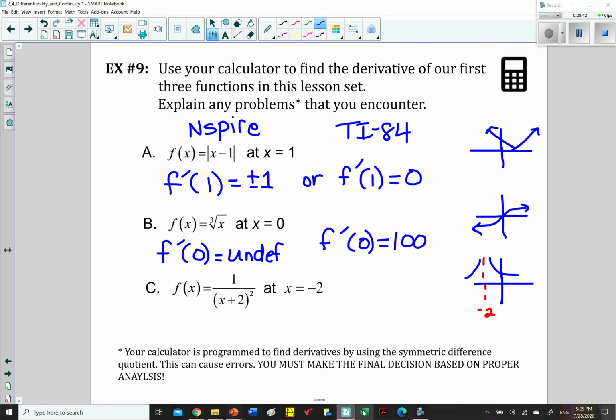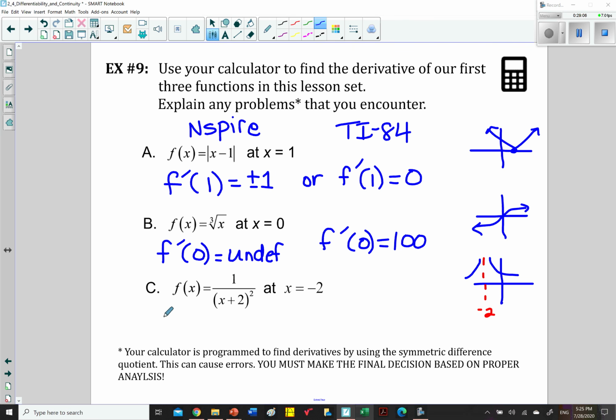So depending on which calculator you're using, you don't want to just trust the calculator. You have to be able to evaluate and use the rule of 4, process through what the parent graph looks like, and what the behavior is at this problem area.